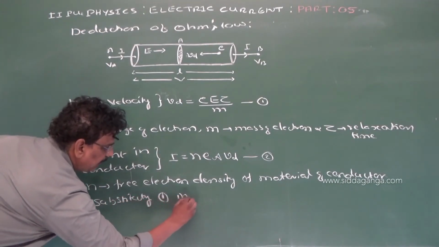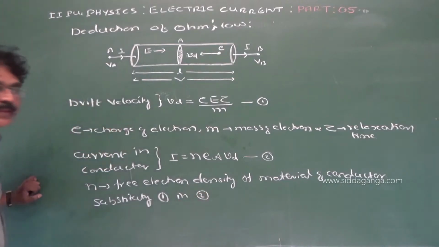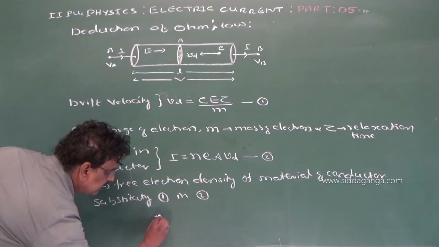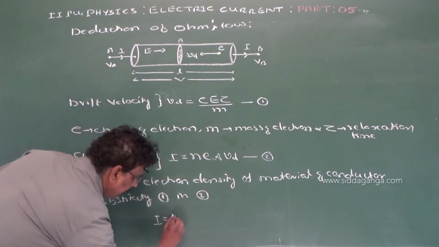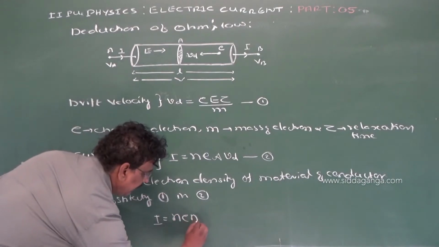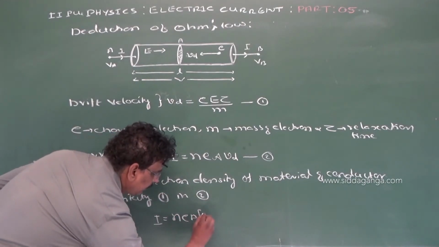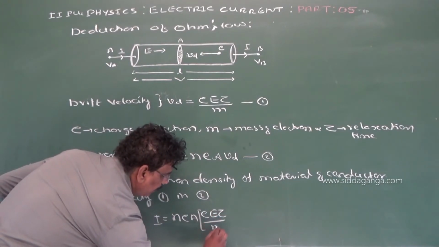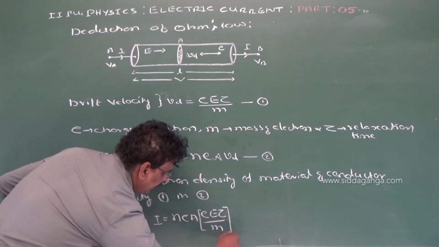Now substituting equation 1 in equation 2, we get I is equal to n e A into e tau E by m.